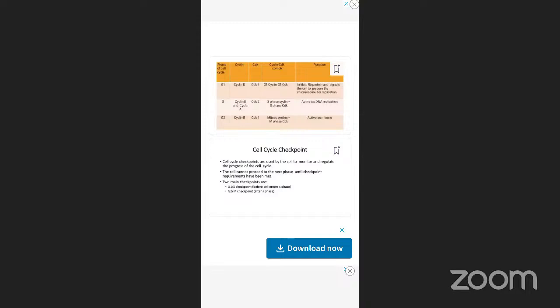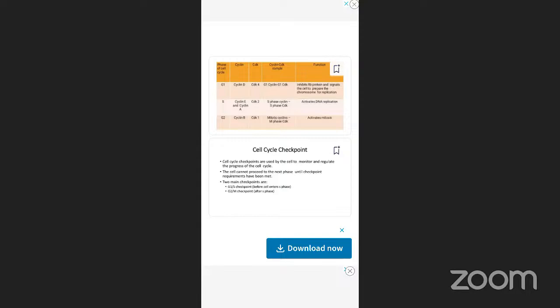What are the phases of the cell cycle? G1, S, G2. What are the cyclin proteins? Cyclin D in G1 phase, cyclin E and cyclin A in S phase, and in G2 phase cyclin B. CDKs are also present at the checkpoints: in G1 phase CDK4, in S phase CDK2, in G2 phase CDK1.